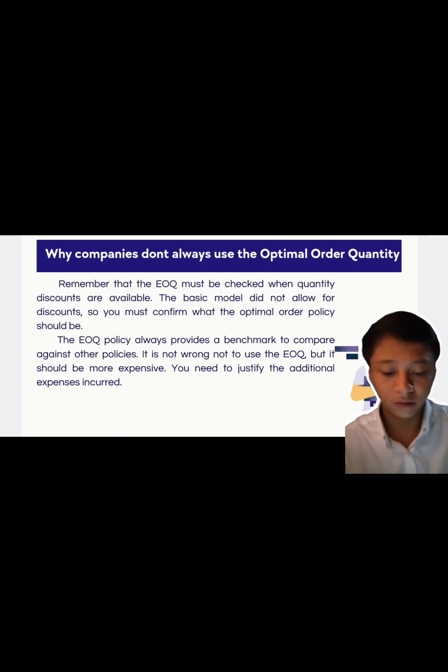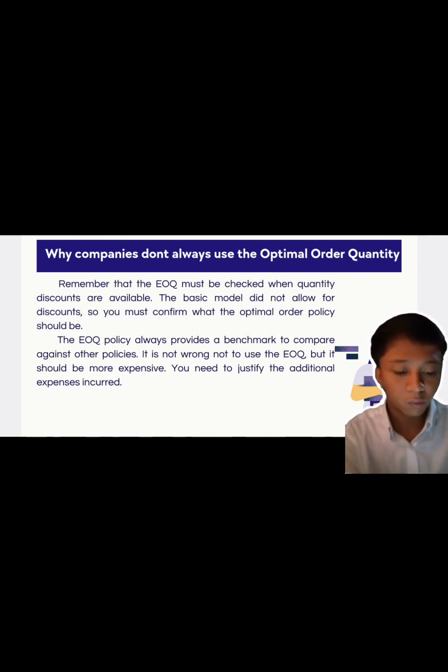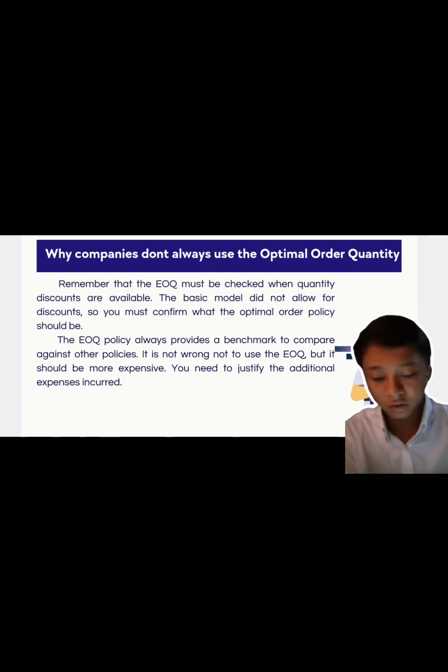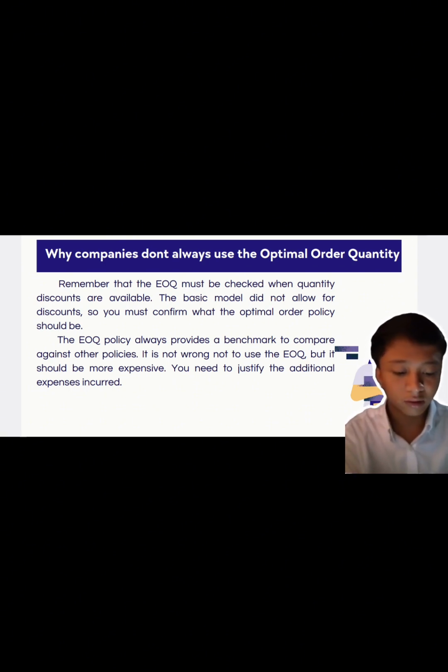Why don't companies always use the optimal order quantity? Remember that the EOQ must be checked when quantity discounts are available. The basic model did not allow for discounts, so you must confirm what the optimal order policy should be.